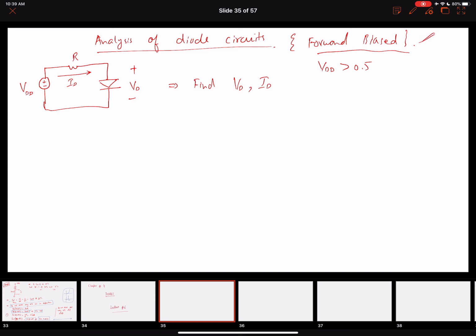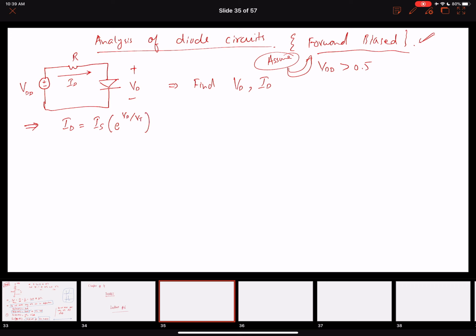So in terms of the forward biasing, we are currently making this assumption that we're gonna see how to solve these circuits in a forward bias condition. If that is true, then the current that is gonna flow through the diode is ID = IS e^(VD/VT).